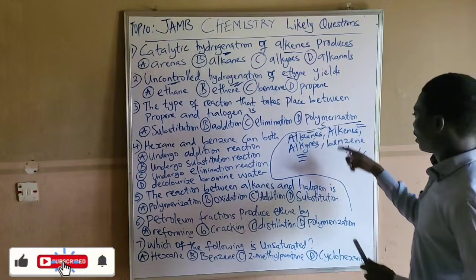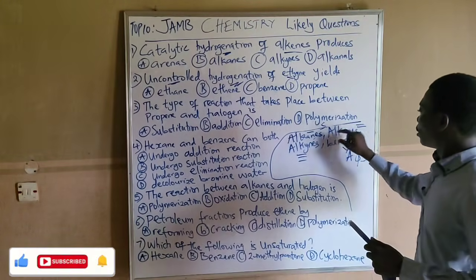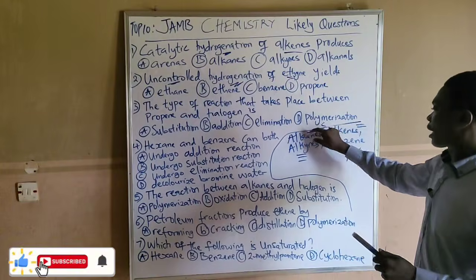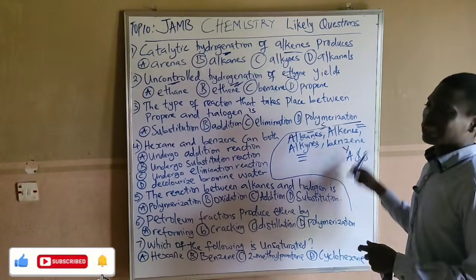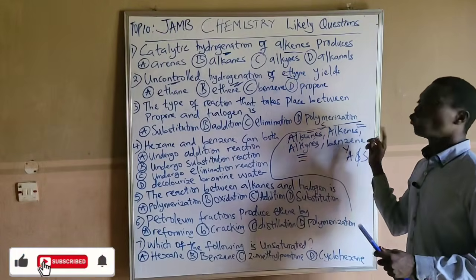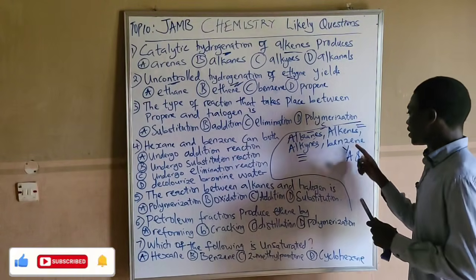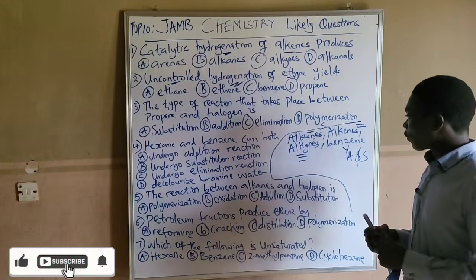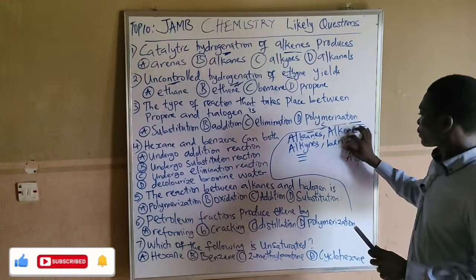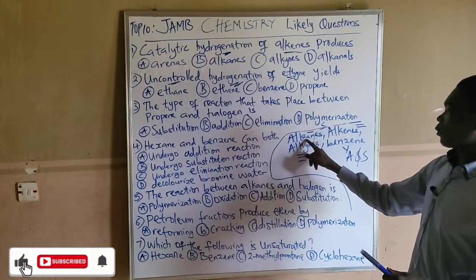I explained earlier that alkane is the only saturated compound we have. So the rest are unsaturated because they have 2 or more bonds. Even if we check the benzene structure, you will see that benzene at times has a double bond. So this is unsaturated, unsaturated, unsaturated. The only one that is saturated is alkane.